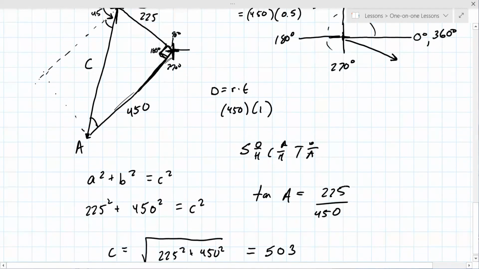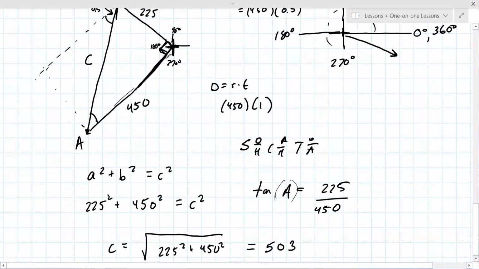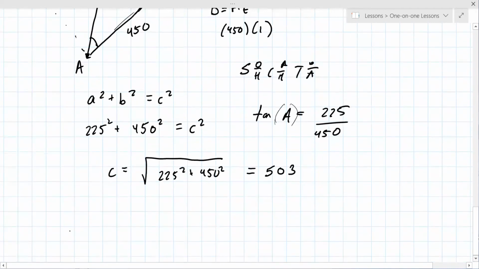And so you're used to the A being given, like A is 30 degrees, but here it's not. Do you know how to undo tangent? There's an inverse, the tangent inverse.